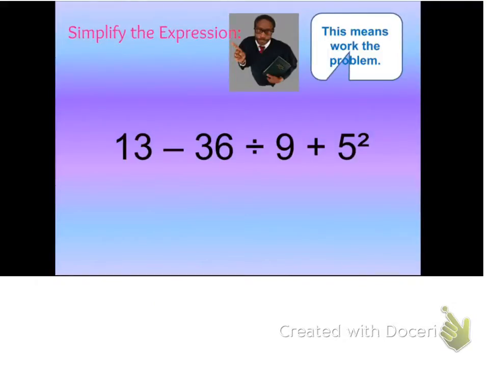So let's look at some of these problems. A lot of times you're going to see the words simplify an expression. We know that this is an expression because there's no equal sign. So what that means is that we aren't really solving anything. We are simply combining all of these terms together so that it's a simpler statement.